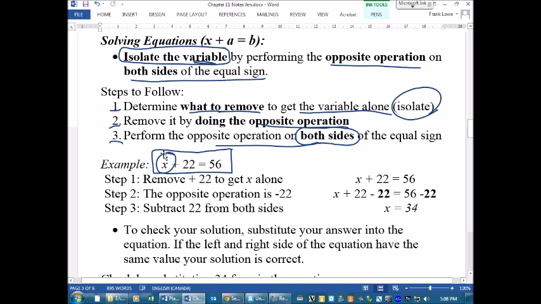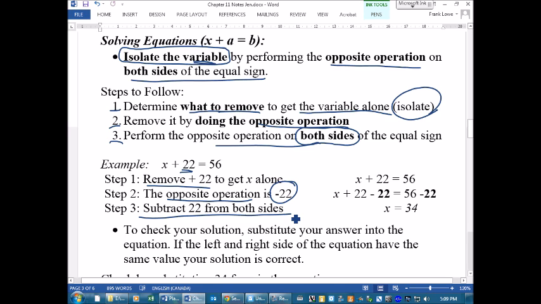That means we need to get rid of that positive 22. So step one, you realize, I've got to remove the positive 22 to get x all by itself. Step two, we are going to perform the opposite operation. The opposite of plus 22 is subtract 22. So step three is you're going to subtract 22 from both sides.